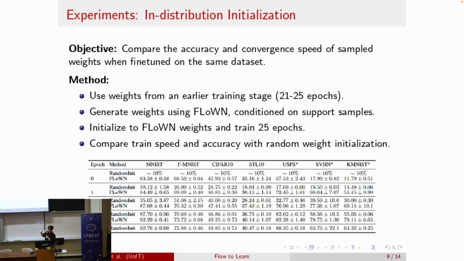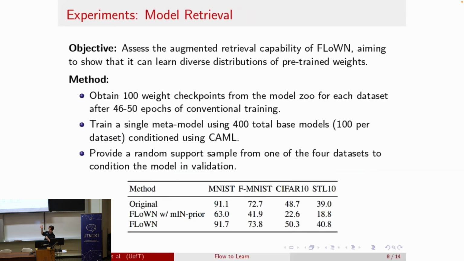And we use that as an initialization for fine tuning with the same data set, comparing with a random initialization. As expected, at epoch 0, we have random chance for random init, but we start quite high for our method. You can see it converges a lot more quickly as we go through the epochs. The data sets with an asterisk are out of distribution data sets. In the previous slide, these are the only 4 that it was trained on.